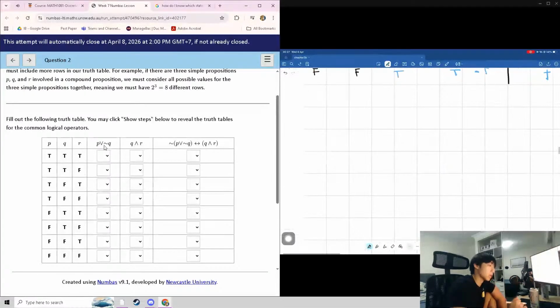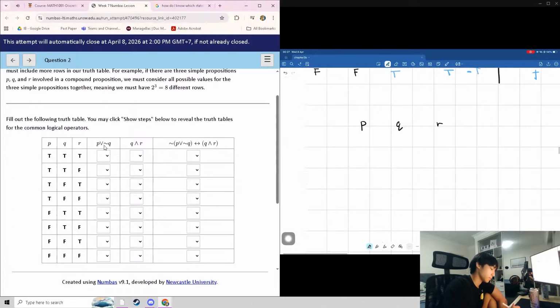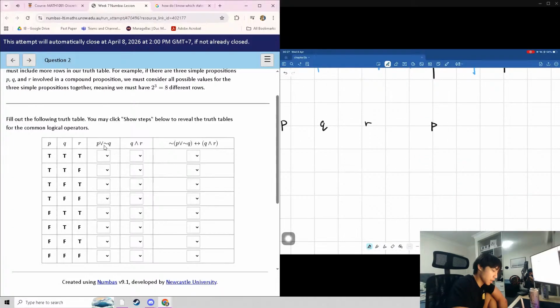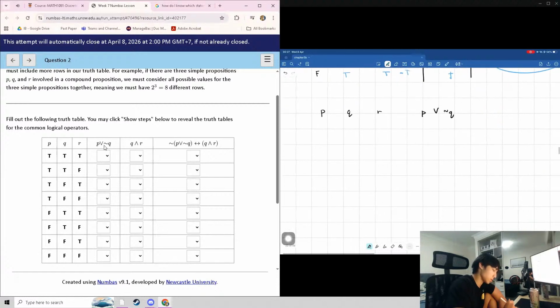If I can do the truth table, I'm pretty happy. P, Q, R for P and P or not Q. Yes, let's do it like this.